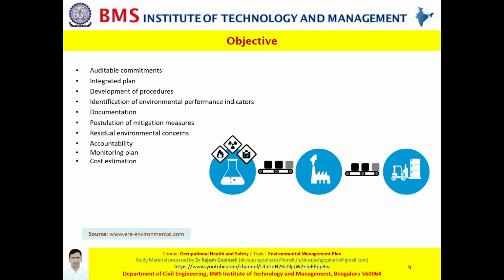Please understand that EMP is also about documentation. Documentation which includes procedures, methods, documentation which speaks about the expert who has framed it, the analyst who has reviewed it, the government official who has approved it. Documentation which speaks about what are the operations in your industry, what are the activities during construction, what are the environmental parameters being impacted.